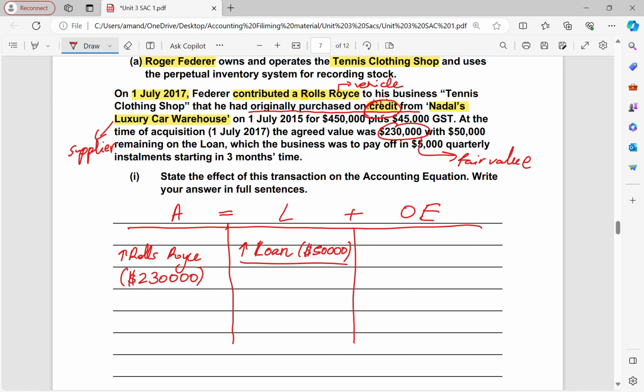And probably a nice little breakdown is where the tricky stuff comes in, because it says the business was to pay off in $5,000 quarterly installments starting in 3 months' time.